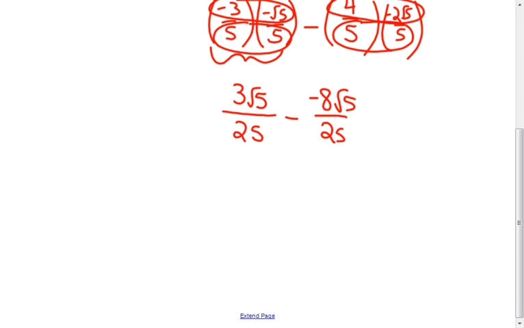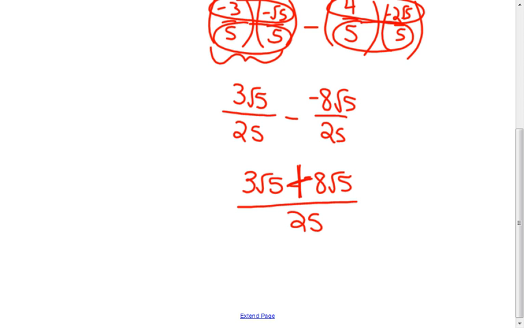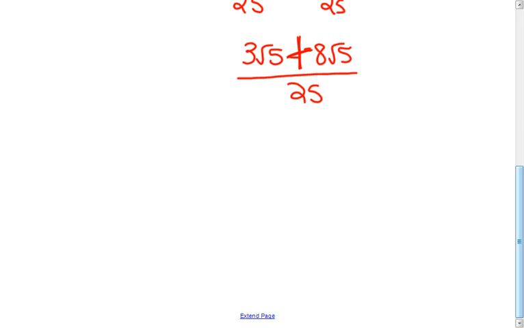So since I have common denominators, I can just change this to 3 root 5 minus negative 8 root 5, which of course becomes plus 8 root 5, all over my common denominator, which is 25. And if I add 3 root 5s plus 8 root 5s, I get 11 root 5s over 25.